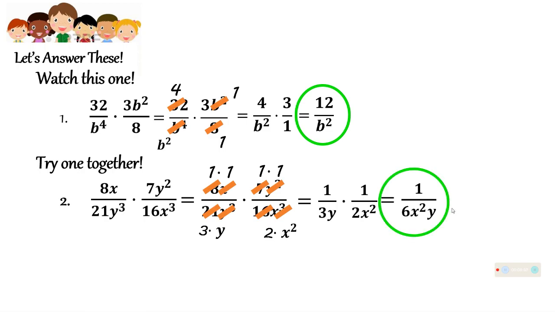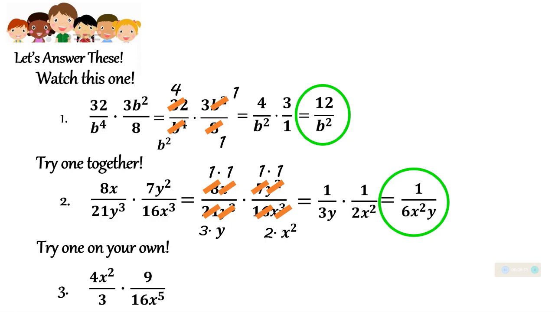Okay? How about if you try on your own? I will give you 1 minute for you to have your answer here. Okay, so let's say that you already have your 1 minute. Your answer here will be, yes, you are going to cancel out 4 and 16, then x squared and x to the 5th power, and then 3 and 9.